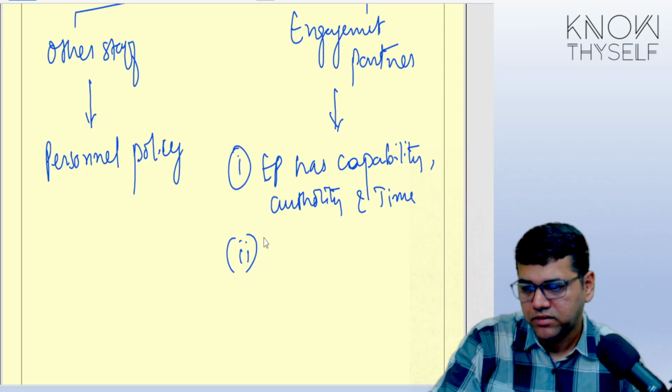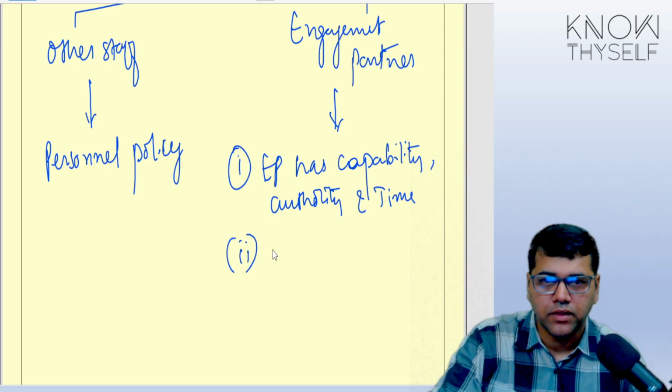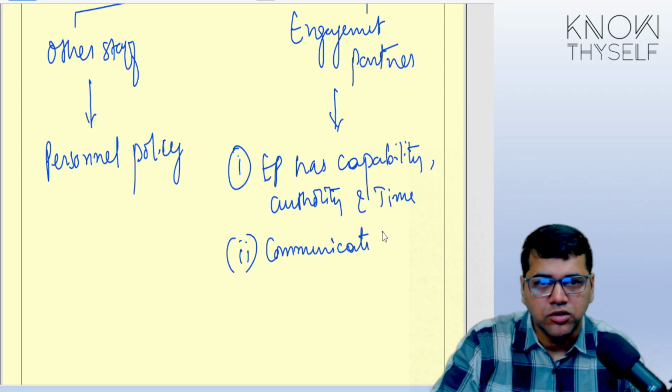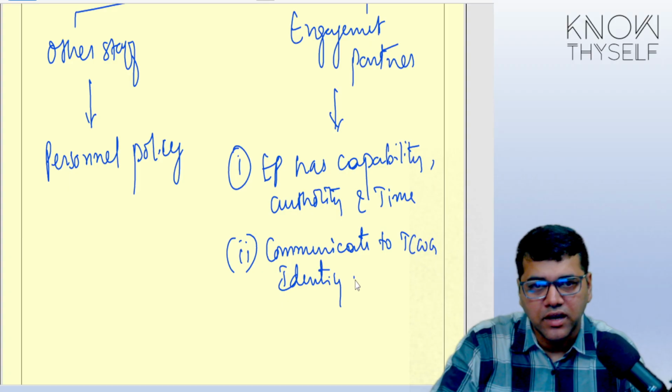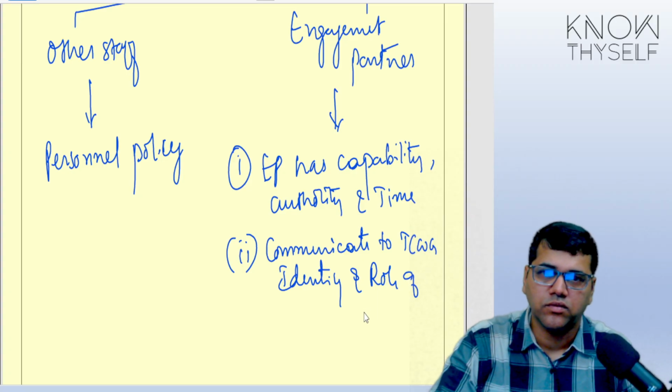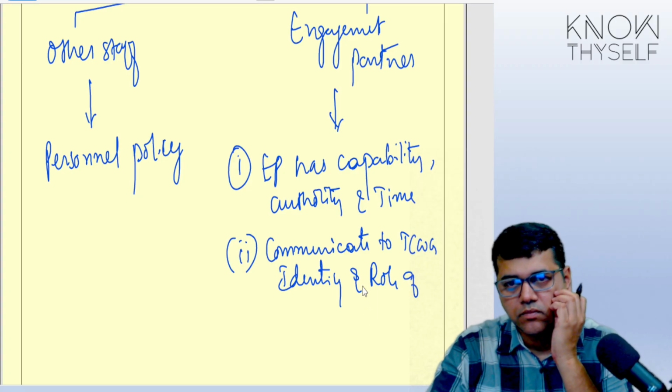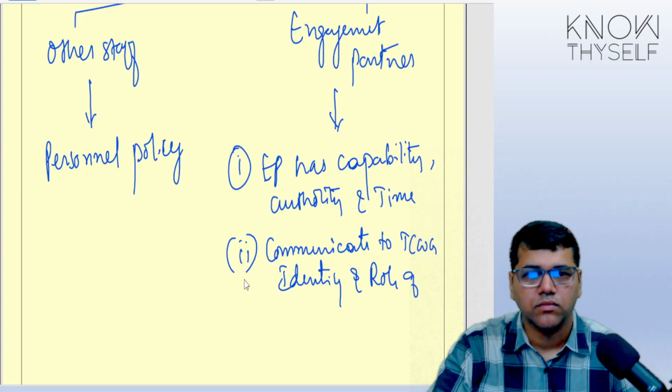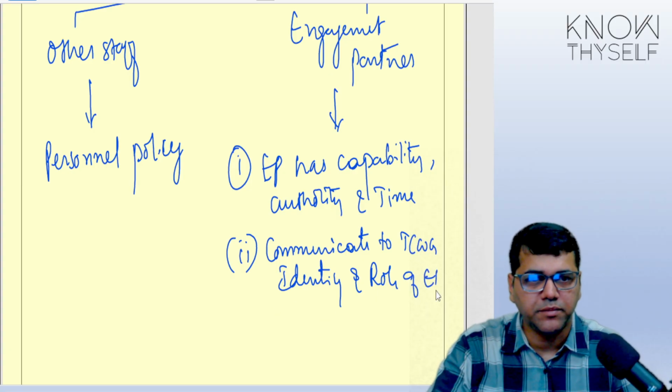Second, communicate to TCWG the identity and role of the EP, engagement partner.